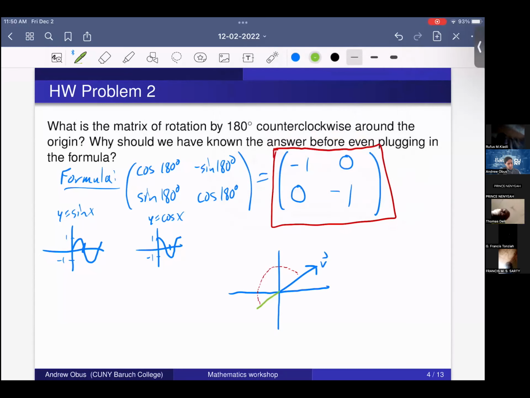So this is my new vector, which is v rotated 180 degrees. So this angle here is 180 degrees. And what do we know about the old v and the new v? When you rotate 180 degrees, what's another way of saying in the language of algebra, what did we do to v to rotate it by 180 degrees? What did we multiply v by?